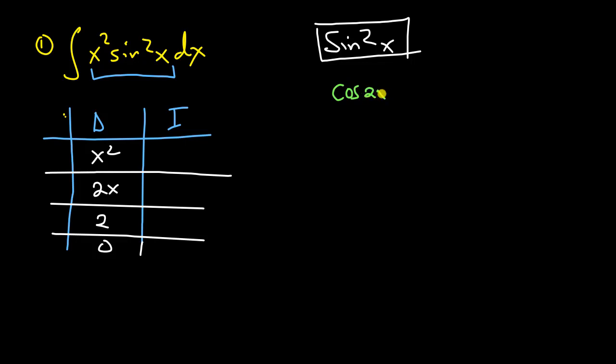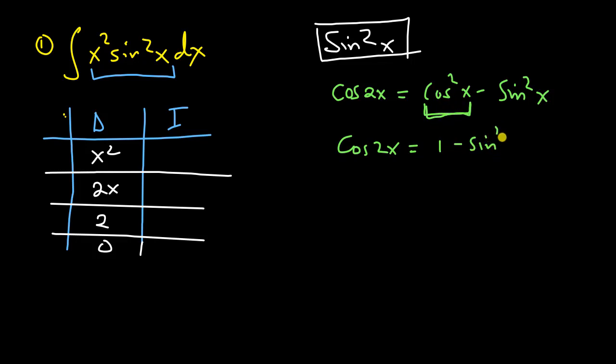We know that cosine of 2x is cos squared x minus sine squared x, but we can replace cos squared x with 1 minus sine squared x, using the trig identity that cos squared x plus sine squared x equals 1. Then minus this sine squared x.